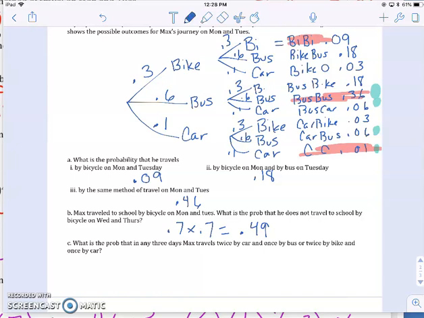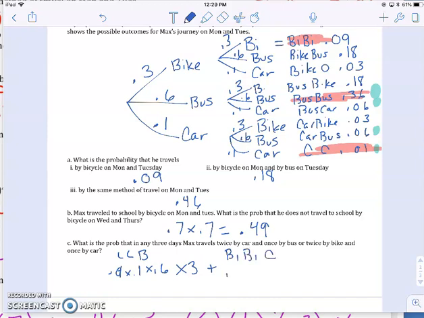So we need, this could be car, car, bus. That would be 0.1 times 0.1 times 0.6, but in any order, so there would be 3 of those, so times 3, plus bike, bike, car.